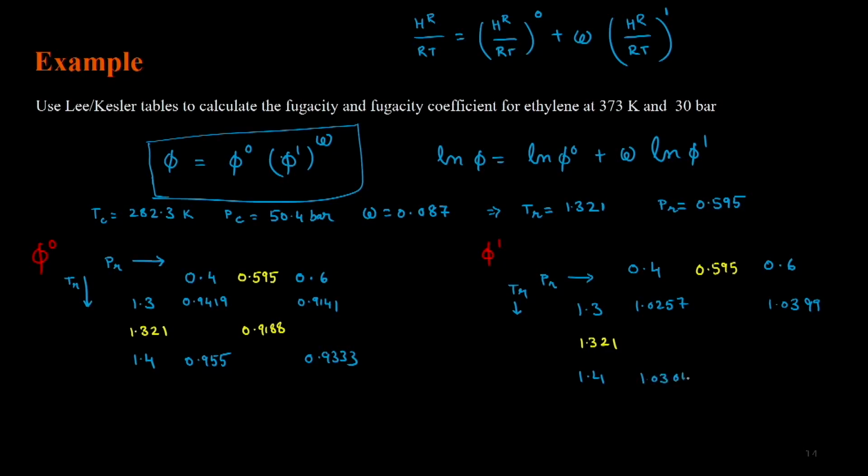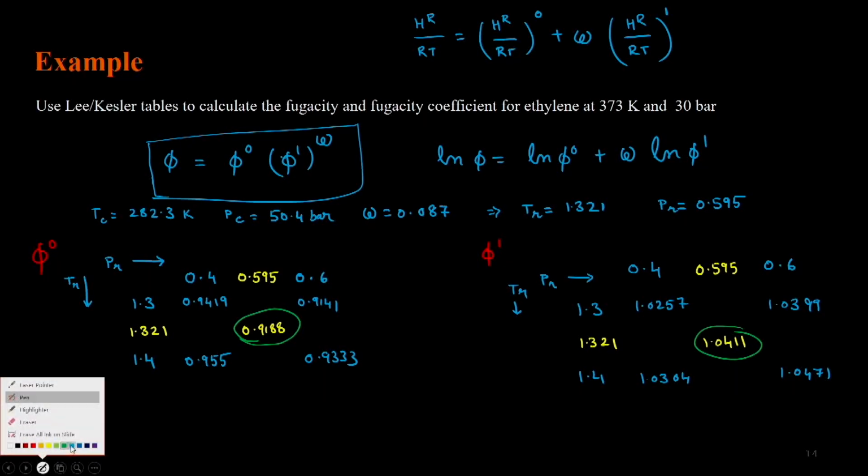And once I do that, I will end up with the value of phi 1 at the desired conditions. Right? So these are the 2 quantities I'm looking at at the desired conditions, phi naught and phi 1. I will combine them using the eccentric factor omega to get phi.